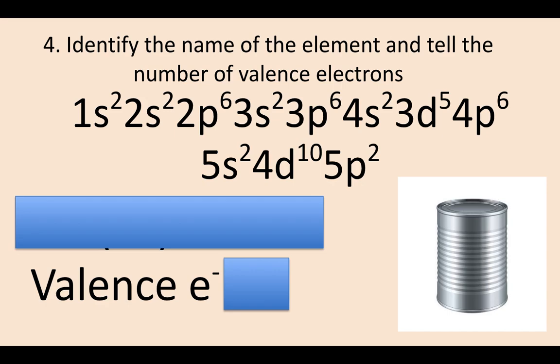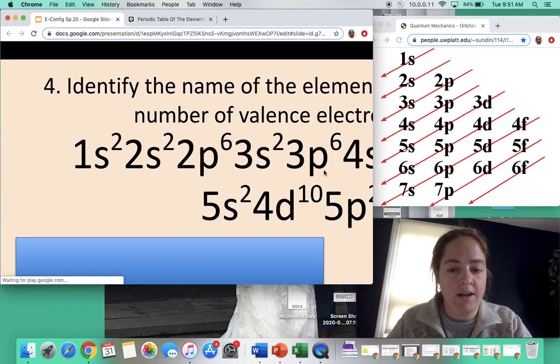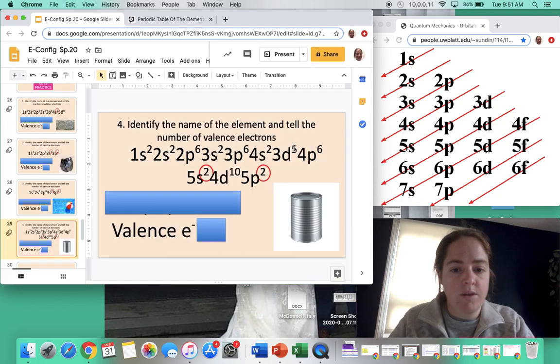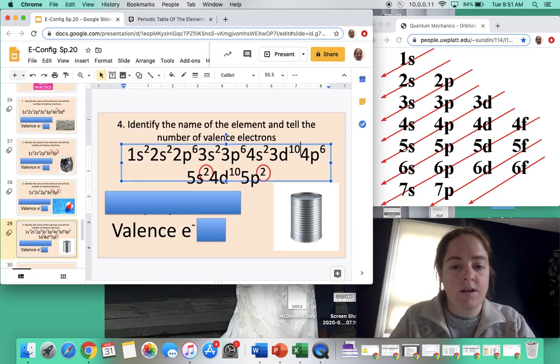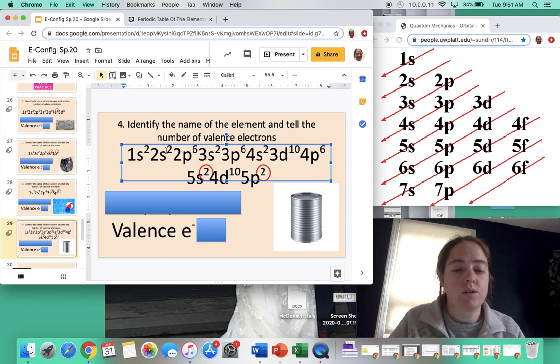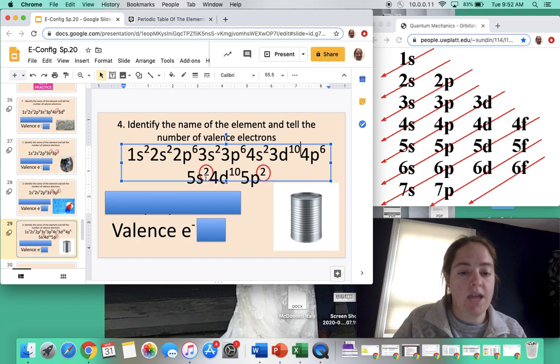And there's actually a typo in this one. I'm going to go ahead and fix it. So this should be 3d10. So 2 plus 2 is 4, plus 6 is 10, plus 2 is 12, 12 plus 6 is 18, 18 plus 2 is 20, 20 plus 10 is 30, 30 plus 6 is 36, 38, 48, and 50.